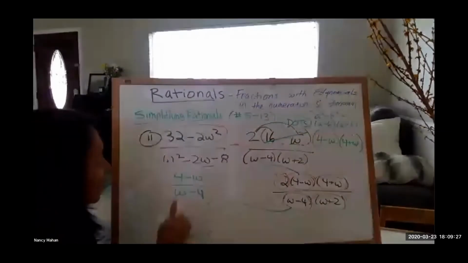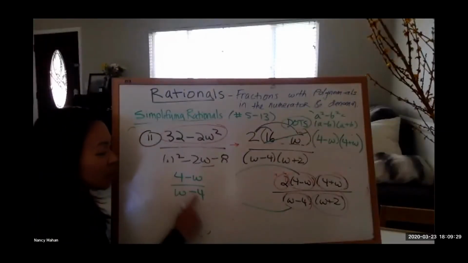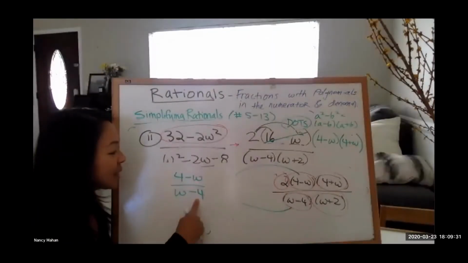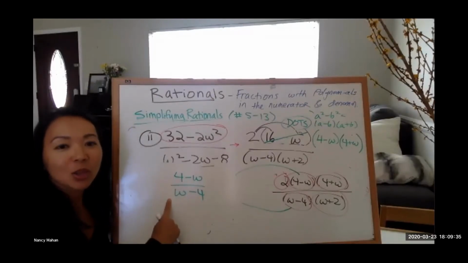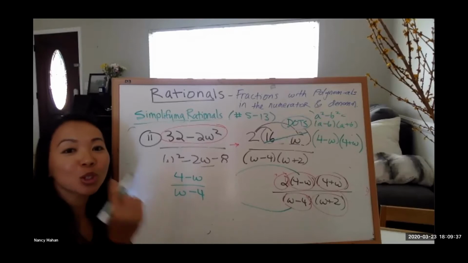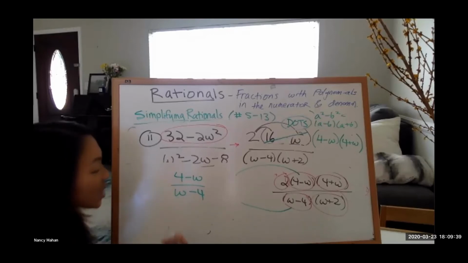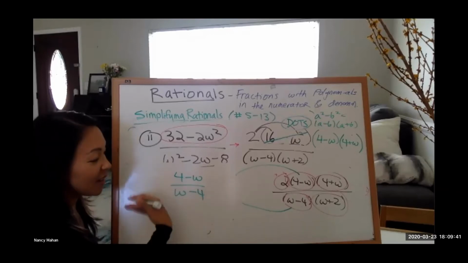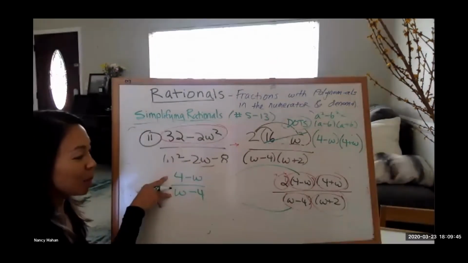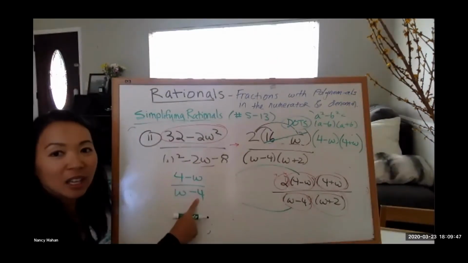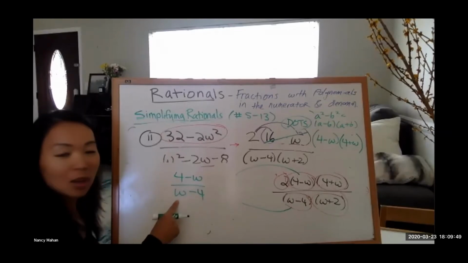Okay, great. The 4 here is positive, the 4 here is negative, and like Anthony said, the w here is negative, but the w here is positive. So they're not exactly the same, but they're so close. And actually, if you pulled out a negative, I'm going to show you something. They're exactly the opposite. This is a 4, negative 4. Negative w, positive w.